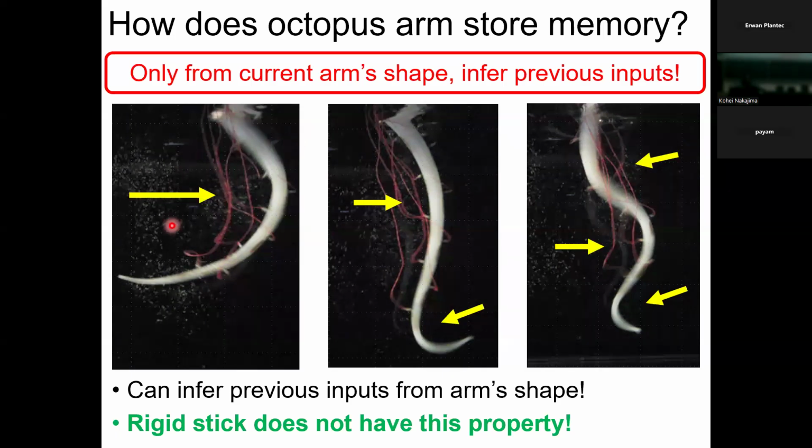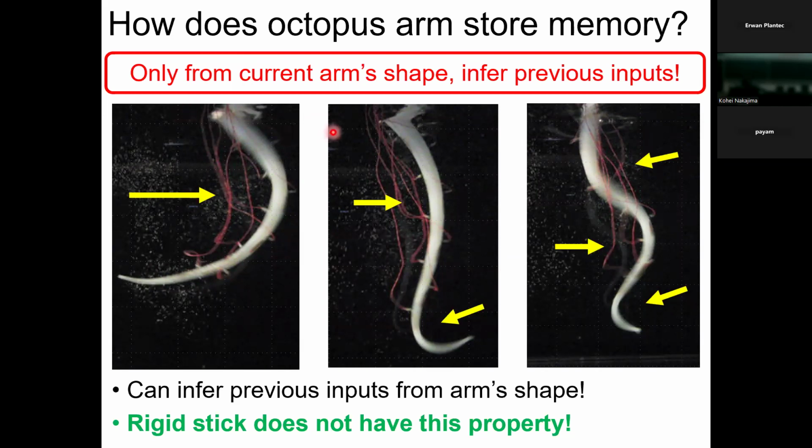Obviously, because we have this physical system, it has some physical constraint. So if this arm was bending like this, then of course your motor command was coming from here to here. So only by checking this current posture, you can infer back what was happening in the input part. That's how this system stores memory of the previous input.